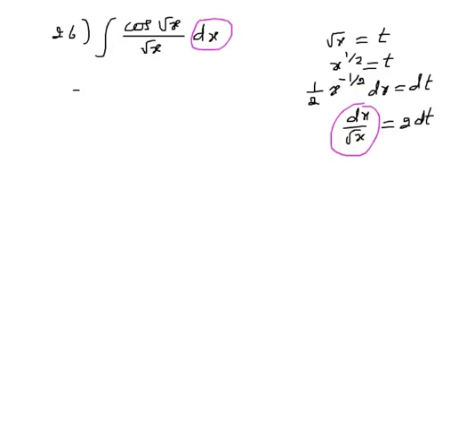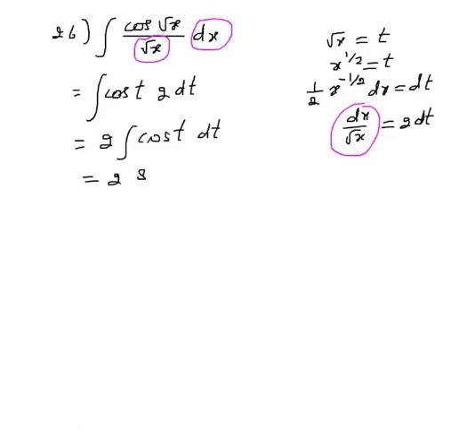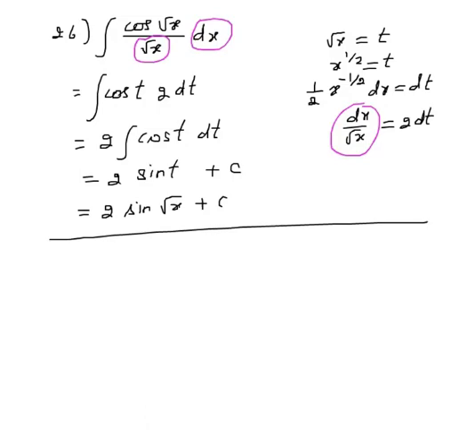We have dx by root x, it becomes 2 dt, and here it is cos t. Remove 2 outside the integral and integrate cos t. Integral of cos t is sine t, and substitute for t. t is root x. So 2 sine of root x plus c.